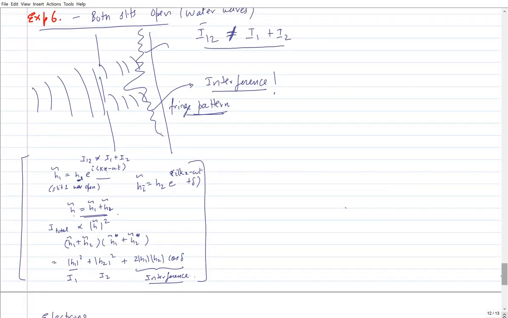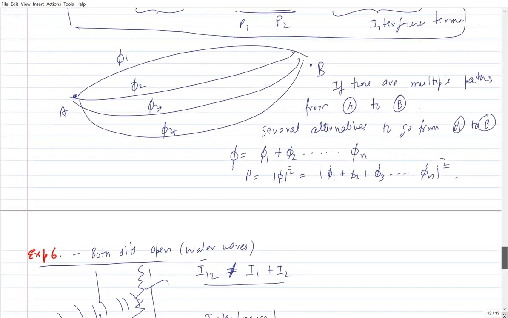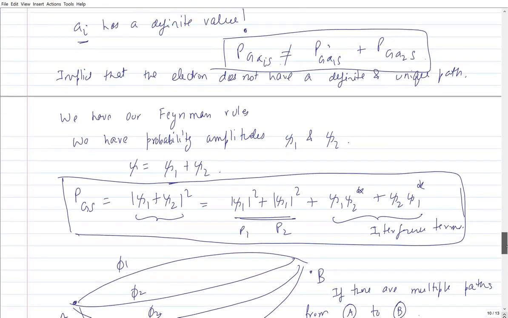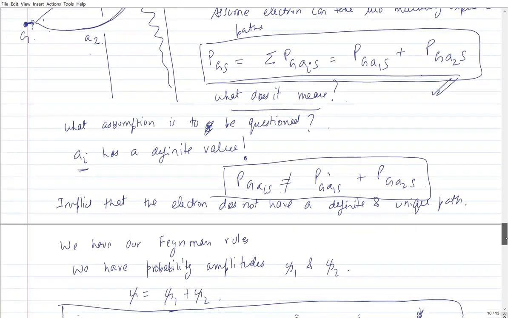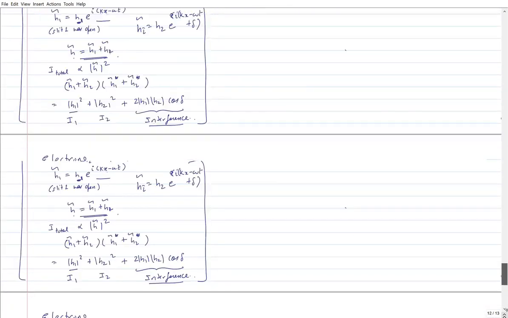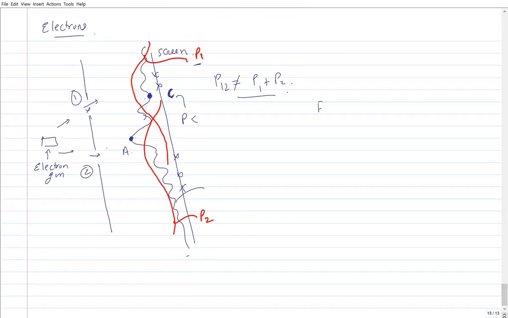So we were able to directly import the mathematics, and the mathematics was given in terms of the Feynman rules, which were assigning a probability amplitude.